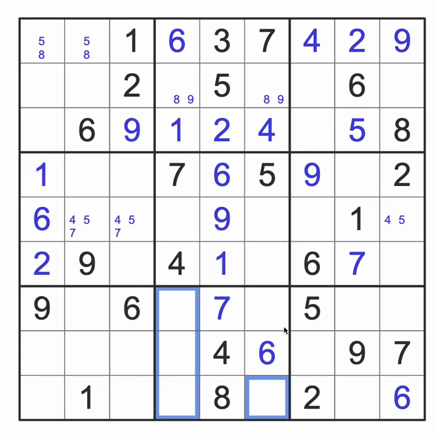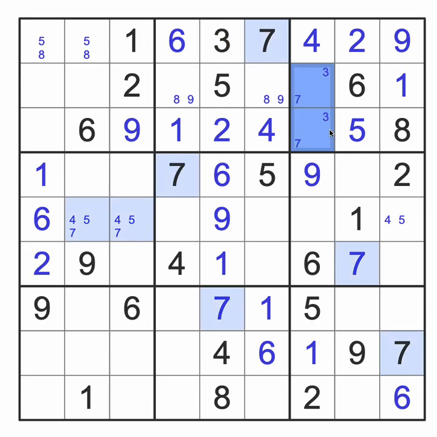This one blocks here, gives me 1 here. These block these cells, gives me 1 here, which blocks this cell and gives me 1 here. And these two will be 3 and 7. That's what's missing from this box.